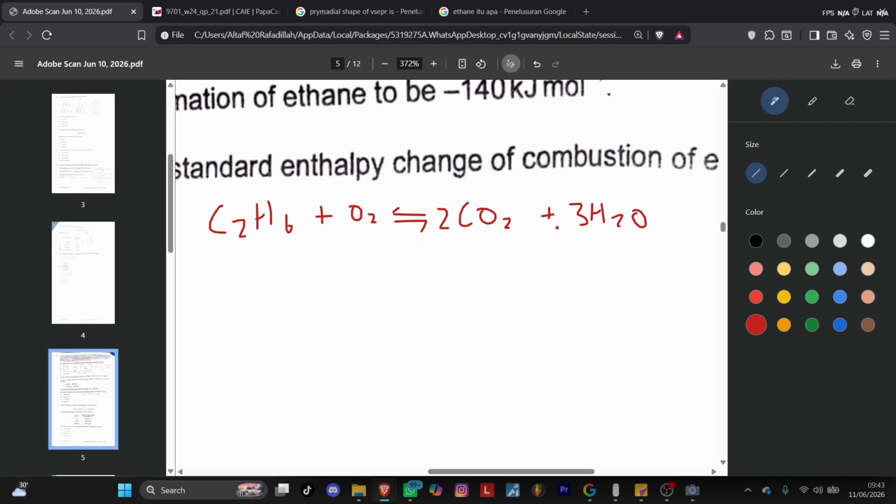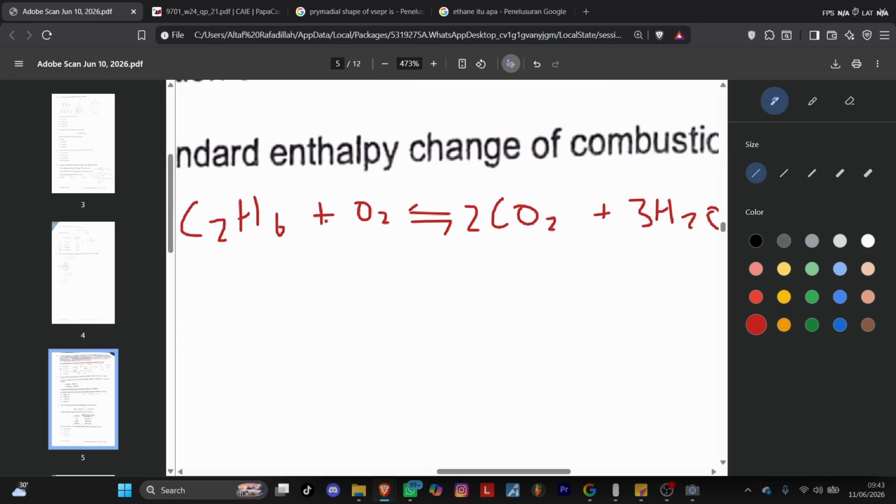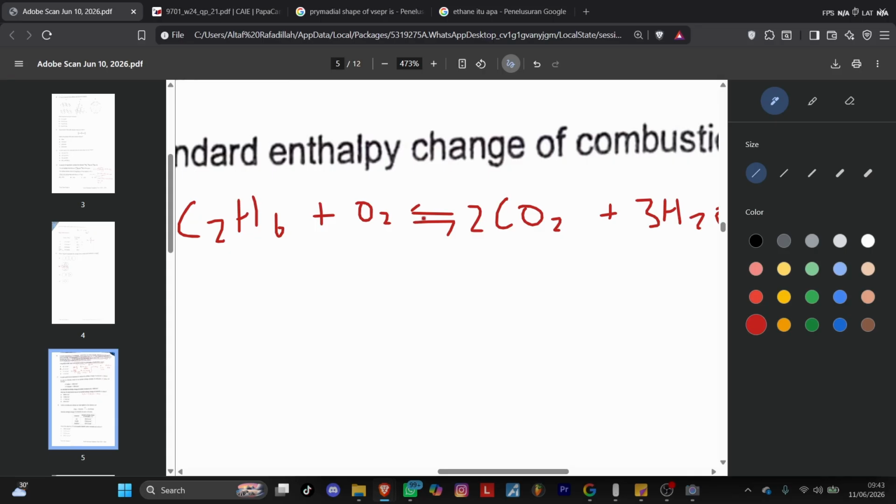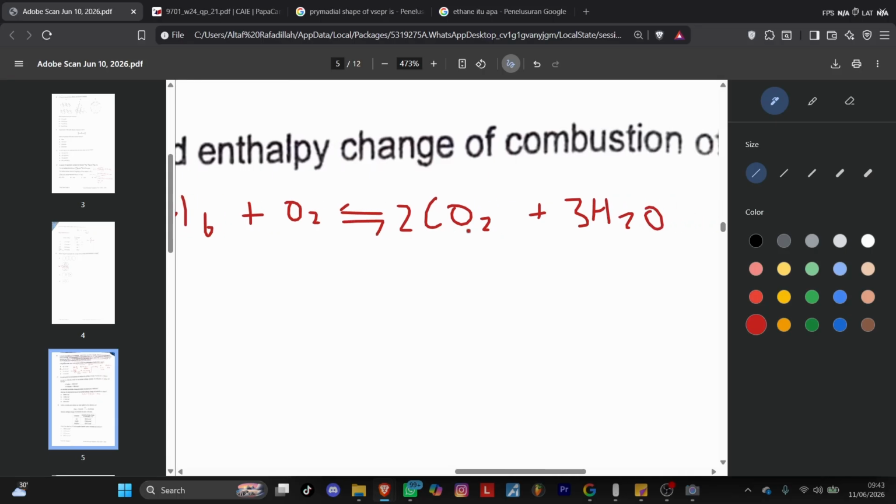C2 has two here, and here has 6H, but the O2 is still not the right amount. So we just need to calculate the total of the O2. The total is 2 O2, which is 4 oxygen, and this is 3 oxygen.